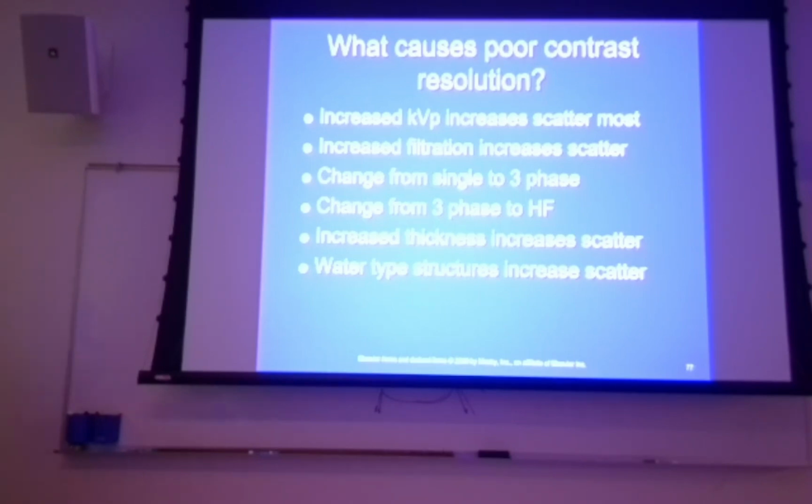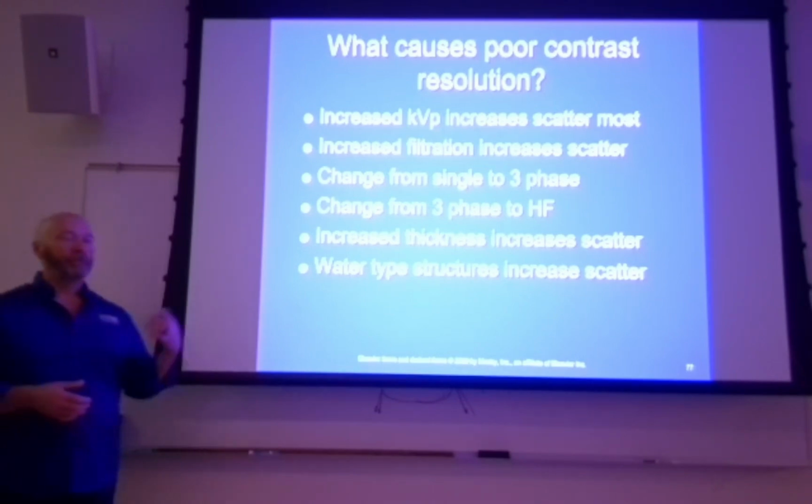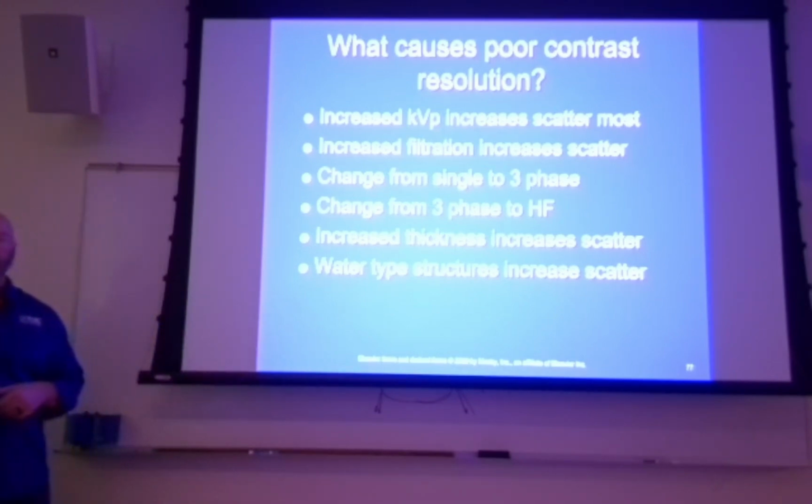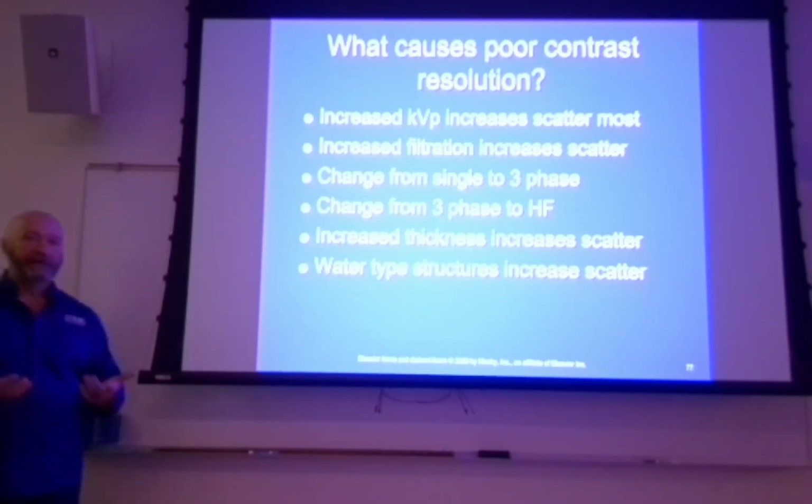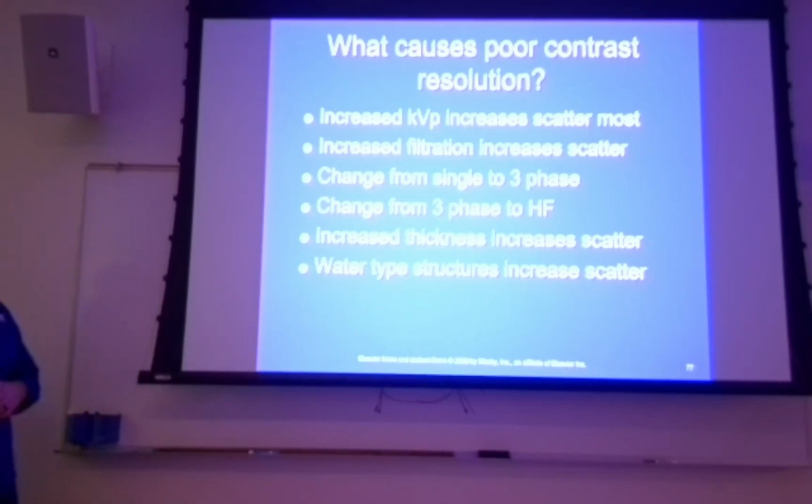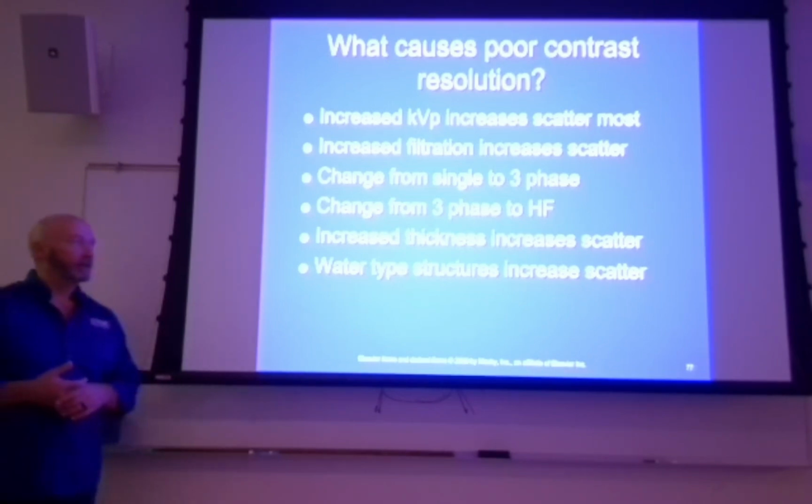The things that affect your average energy, remembering back to your bremsstrahlung spectrum: if we increase our filtration, or our tube ages, when we get an increase in inherent filtration because of tube tanning, we might lose some contrast. From single phase to three phase, if you remember in the bremsstrahlung spectrum, it pushes everything to the high energy side, increases our numbers, but potentially could lose some contrast there as well.